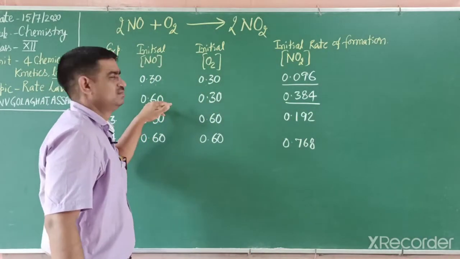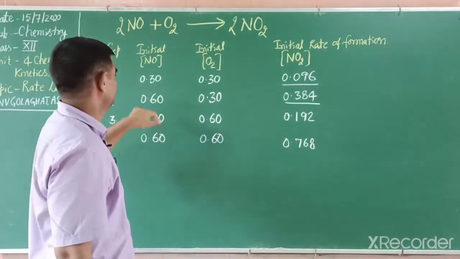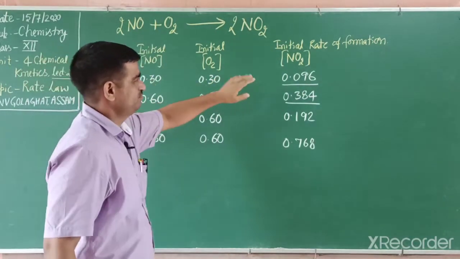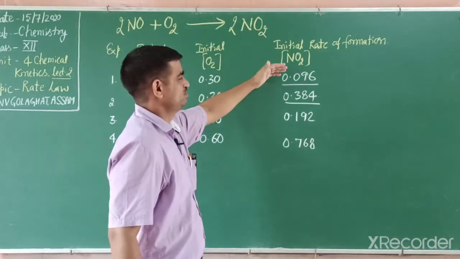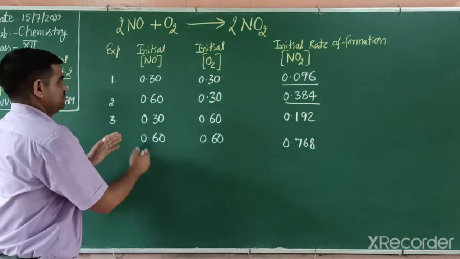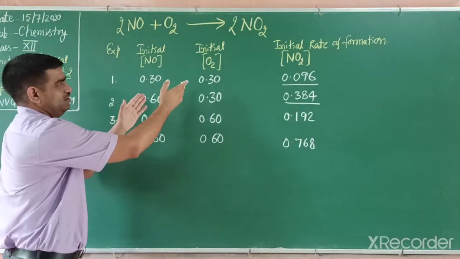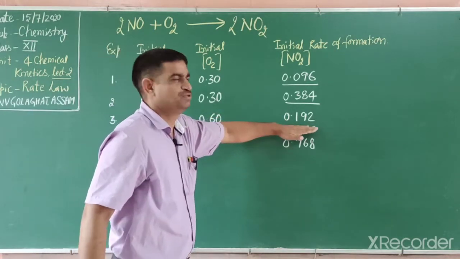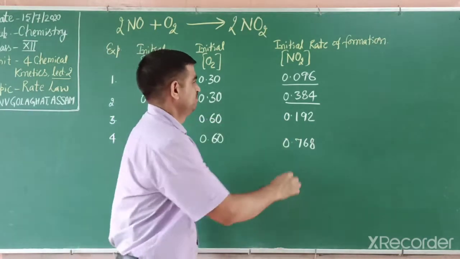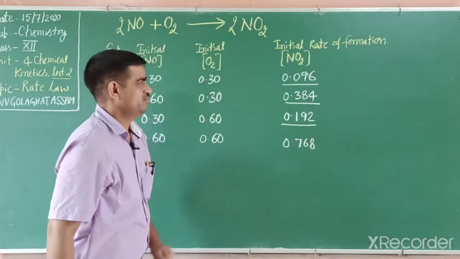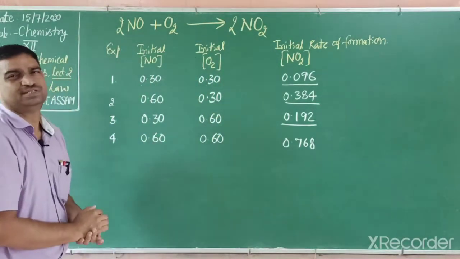In this experiment you can see when concentration is doubled, then initial rate of formation of nitrogen dioxide is 4 times. But when concentration of oxygen is doubled, that time the rate of reaction just doubles. So students, what can we conclude in this reaction?